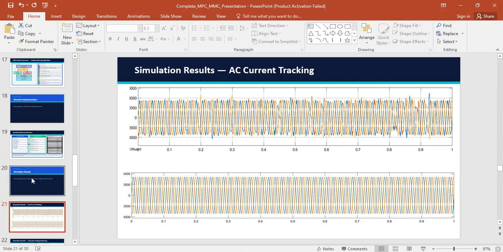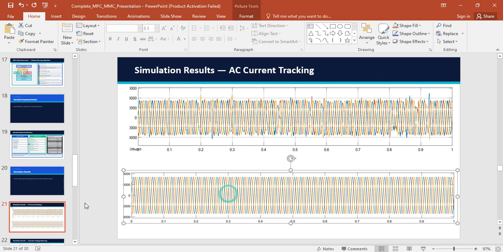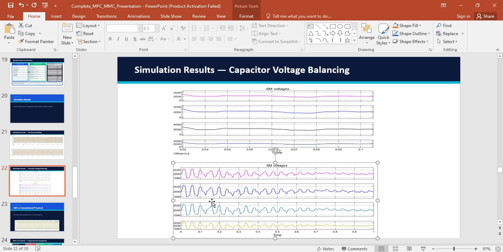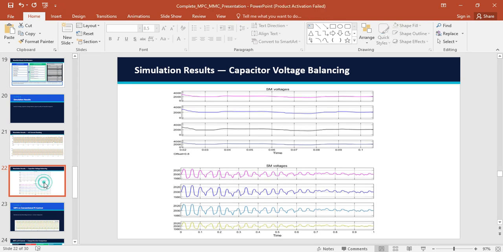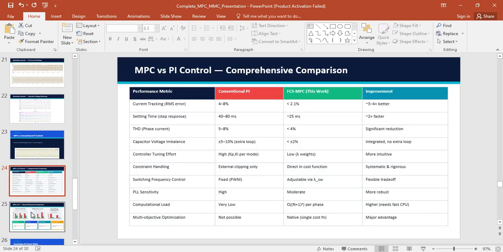Yeah, so the same results are here. We have the MPC MMC output voltage. These are the grid voltages. These are the submodule voltages of the MPC, and these are the submodule voltages of the conventional control. So these are the output voltages of the conventional control.